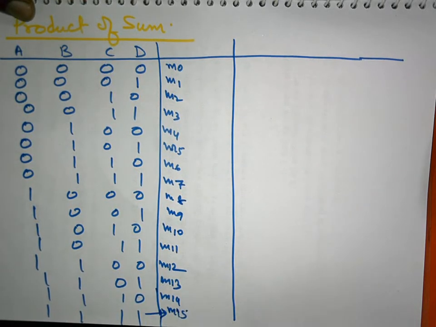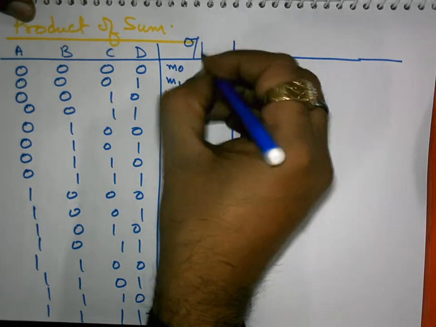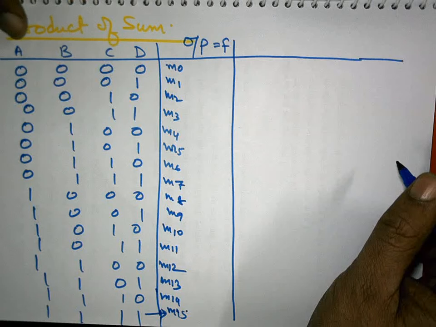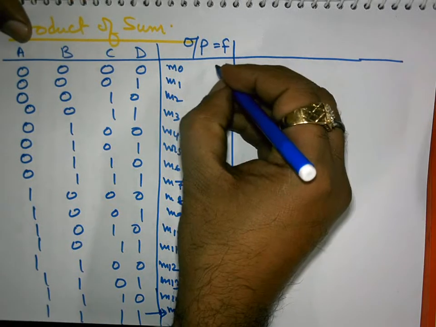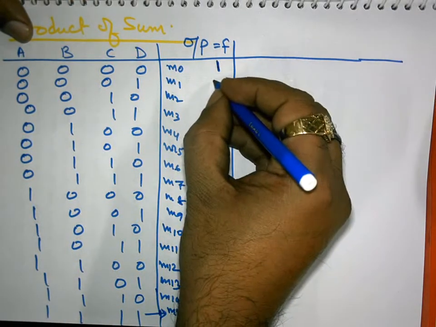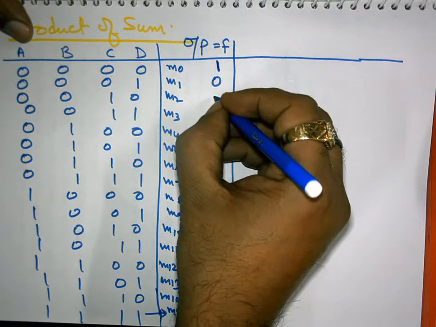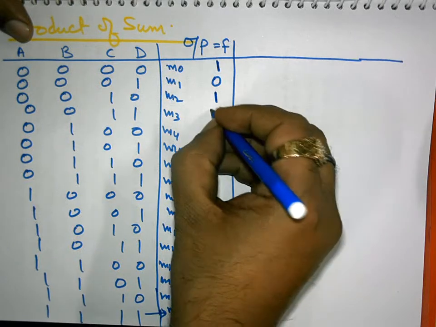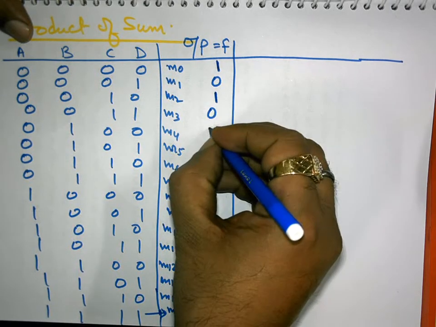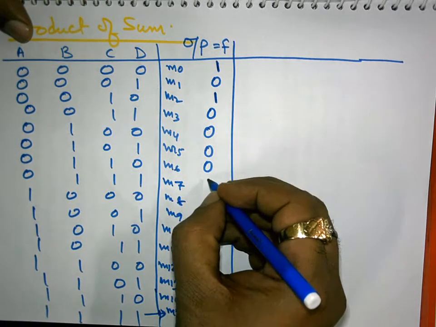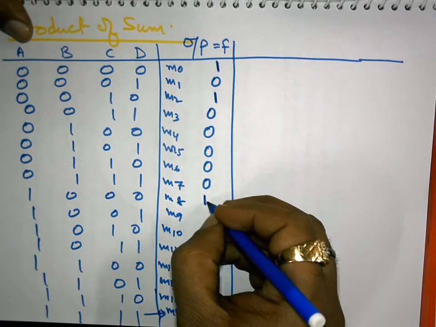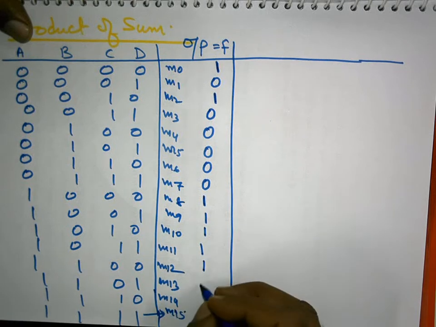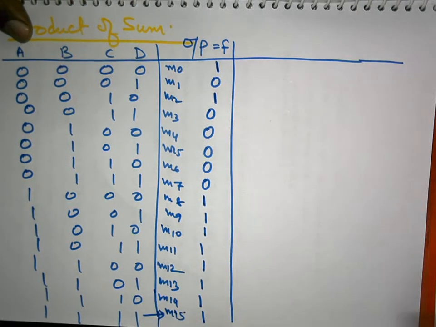Suppose I wish to have 1 at M0, 0 at M1, 1 at M2, and at the other M3, M4, M5, M6 and M7 they are all 0, and 1 at M8, M9, M10, M11, M12, M13, M14 and M15.